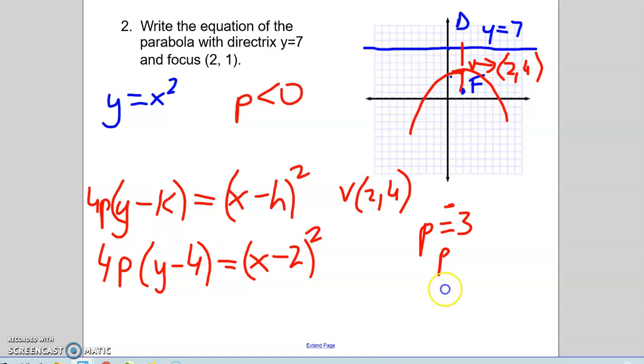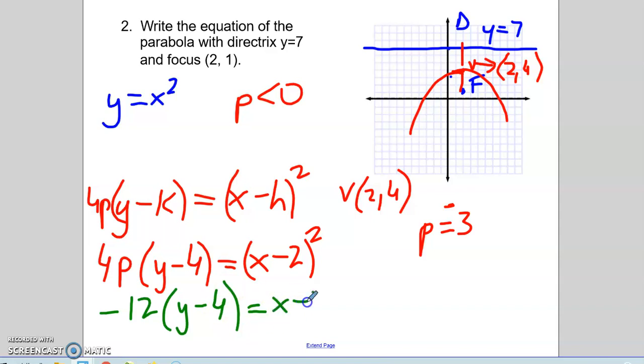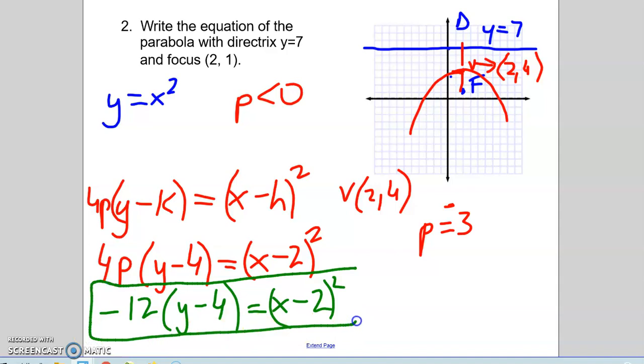Let's write that down, because it's a downward facing parabola. So then this becomes negative 12 times y minus 4 is equal to x minus 2 squared. So that's my final equation for that one.